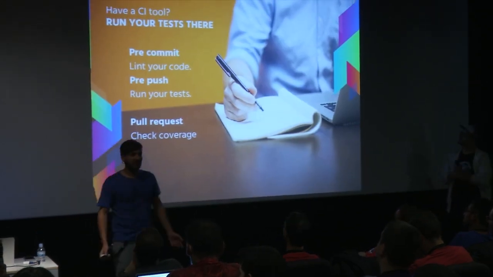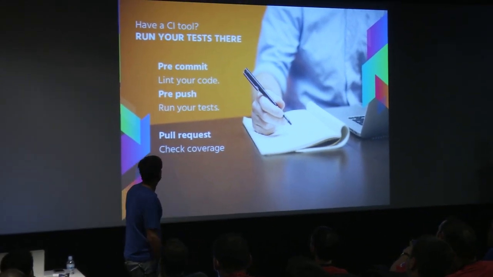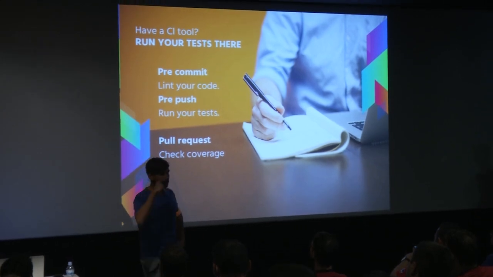So if you have a CI tool like Travis or whatever CI tool that you have, it's probably a good idea to put it there. This is a setup that I like a lot.